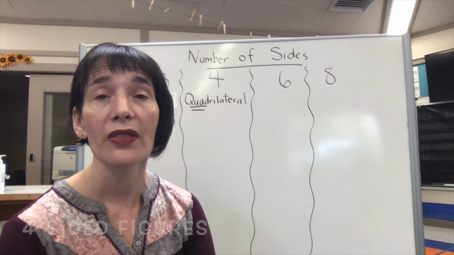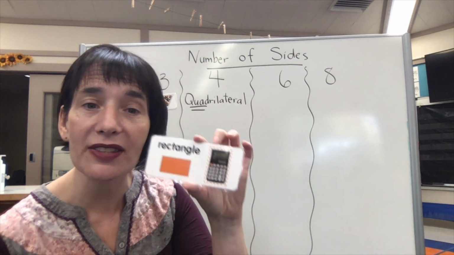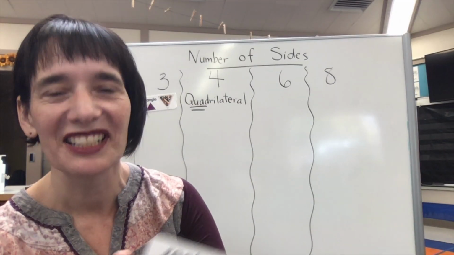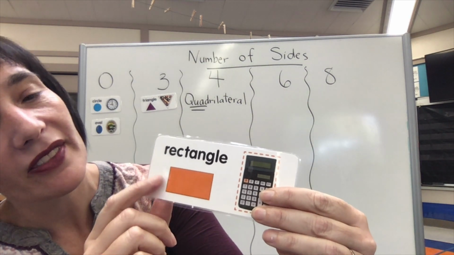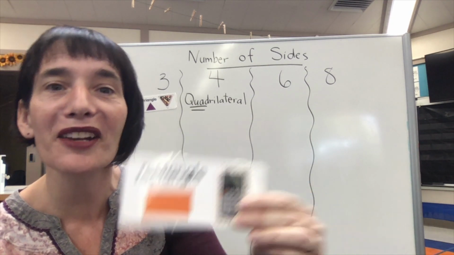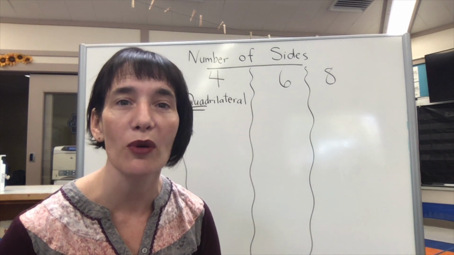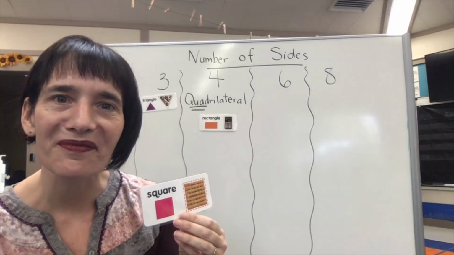And holy moly, there are so many quadrilaterals. So the one that I like to think about first is the rectangle, right? A rectangle has these right angles right here, and they look kind of like an L or then a flipped L. And a rectangle is a quadrilateral that has 4 right angles. Shape.